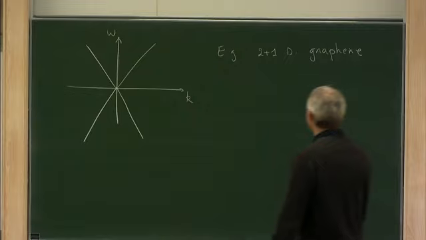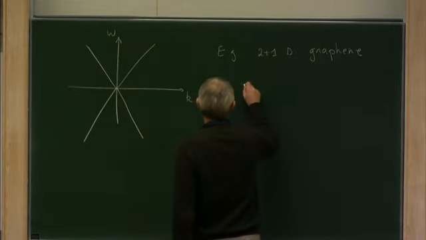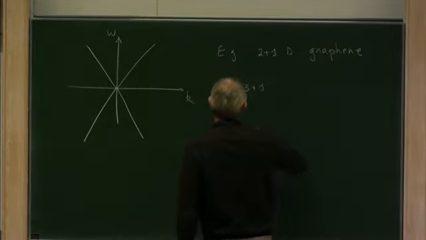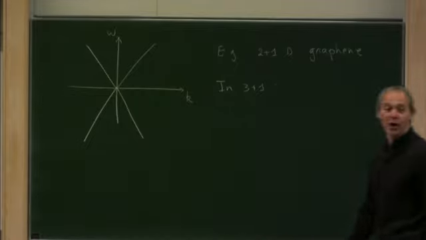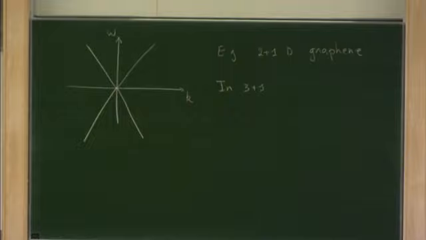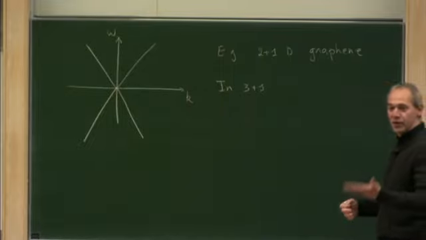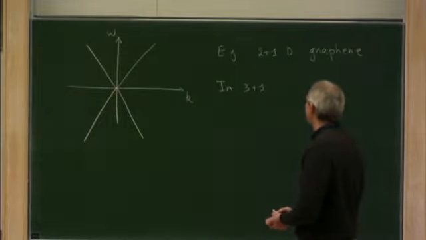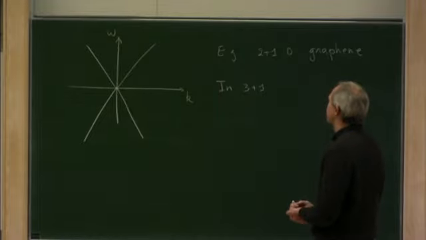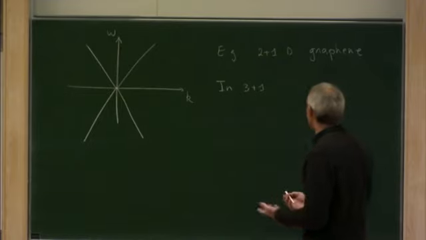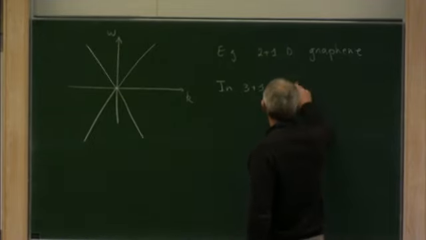So in 3 dimensions, the Dirac fermion of 2 dimensions, because it has 2 components in 2+1 dimensions, if you lift it to 3+1 dimensions, becomes a chiral spinor. I will explain that a little better.